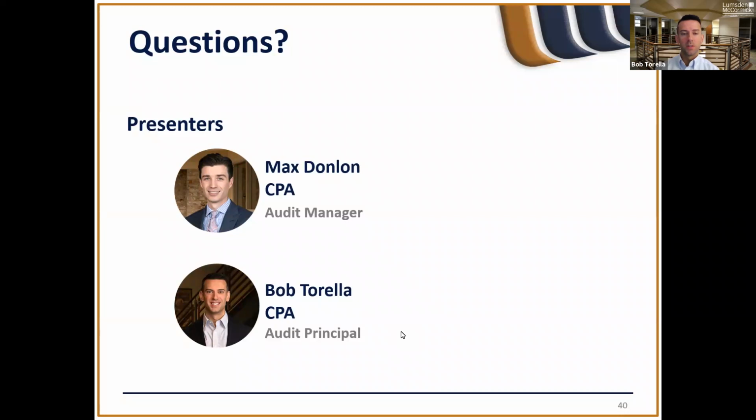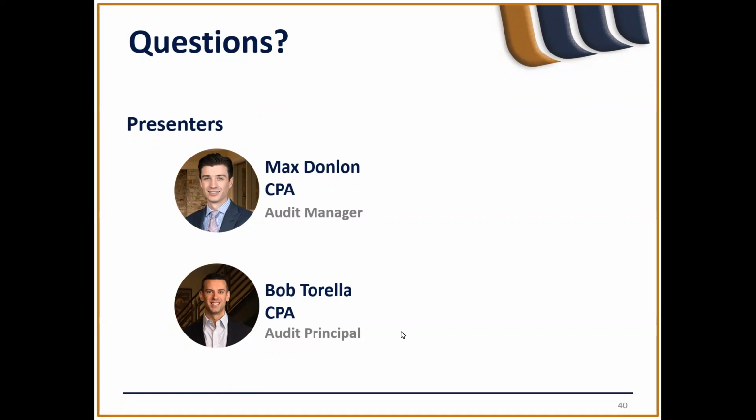Max, do you know off the top of your head? I would think that it does, from the date of adoption. I'd have to look into that a little more, but if it had less than 12 months of remaining term, then I think it'd have to be assessed at that point. Al, if you want to give Bob and Max a call or reach out to me, I can put you in contact with them.